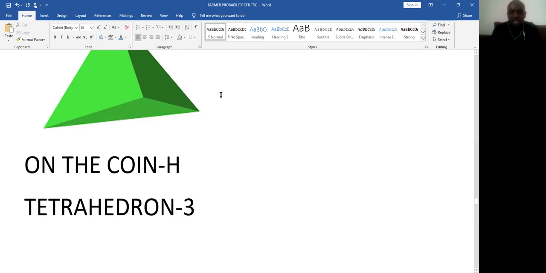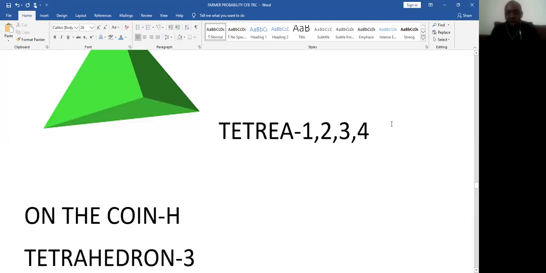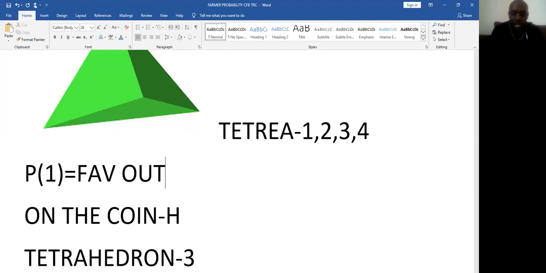Now remember, we have said a tetrahedron here. It has faces marked 1, 2, 3, 4. So the probability of getting 1 on the tetrahedron is just the normal formula, favorable outcomes out of total outcomes.